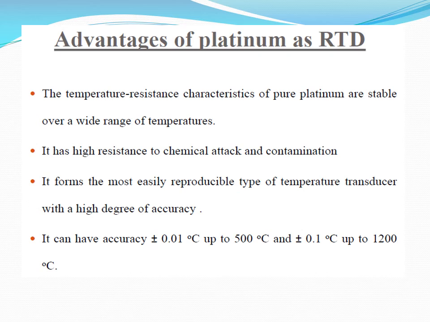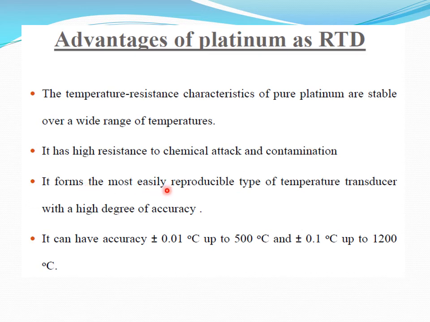Some of the advantages of platinum as RTD: the temperature resistance characteristics of pure platinum are stable over a wide range of temperatures. It has high resistance to chemical attack and contamination.